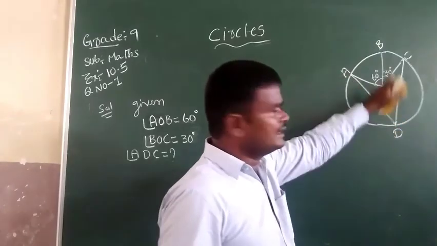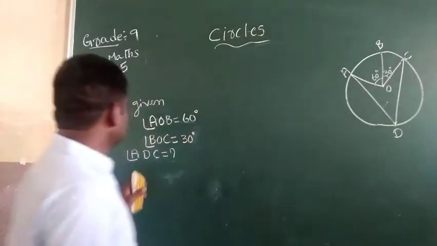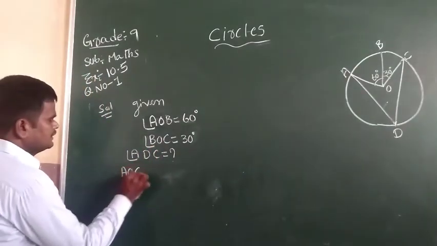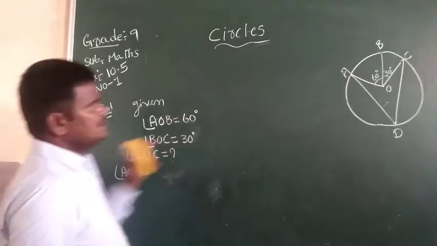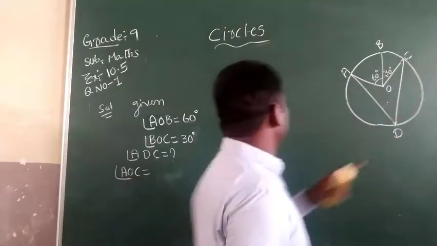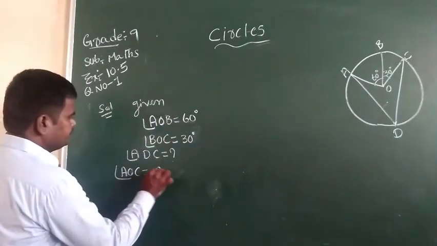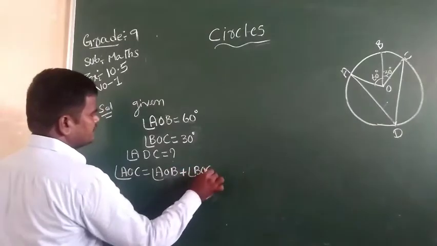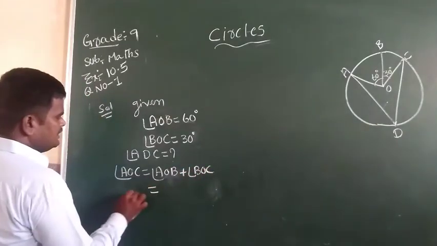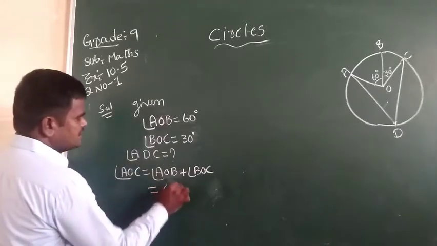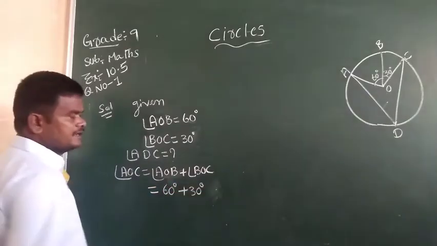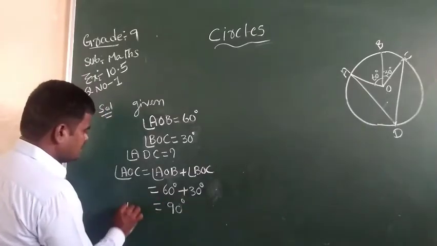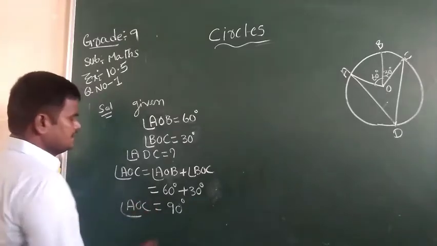Angle AOC equals angle AOB plus angle BOC, which is 60 degrees plus 30 degrees. So angle AOC equals 90 degrees.